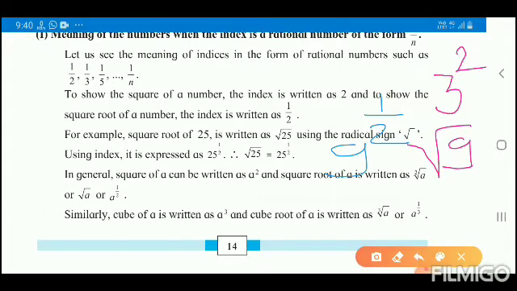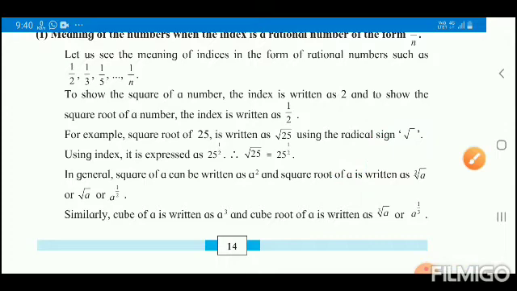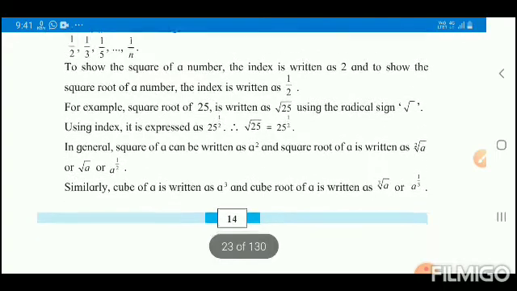Now see here. To show the square of a number, the index is written as 2, and to show the square root of a number, the index is written as 1 upon 2. For example, the square root of 25 is written using the radical sign, and we call it square root also.